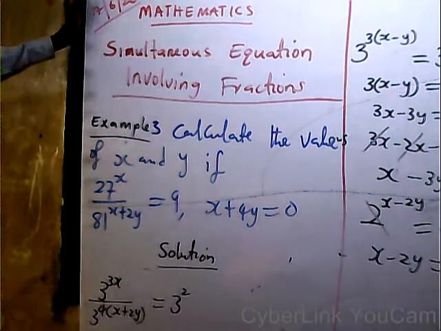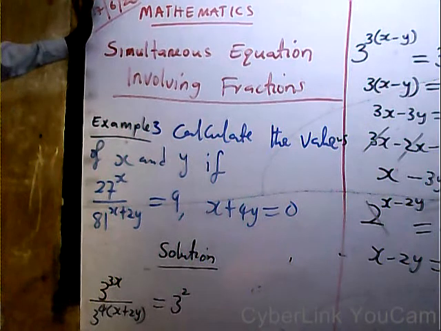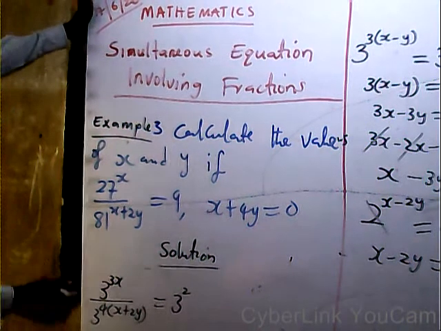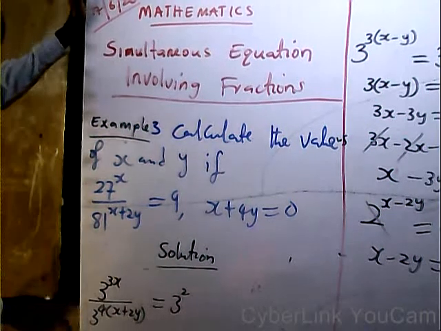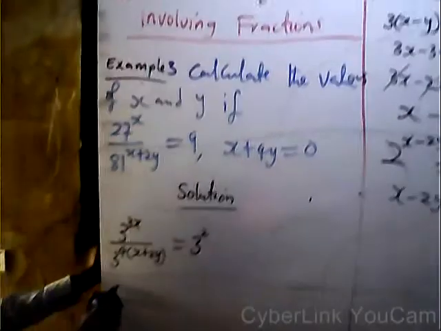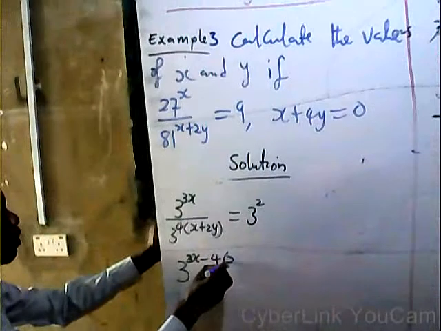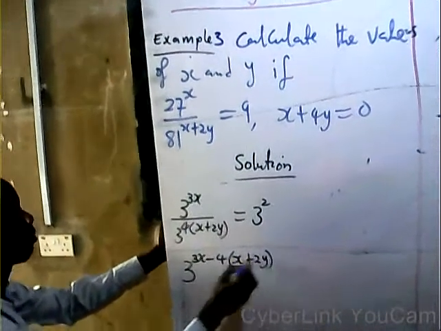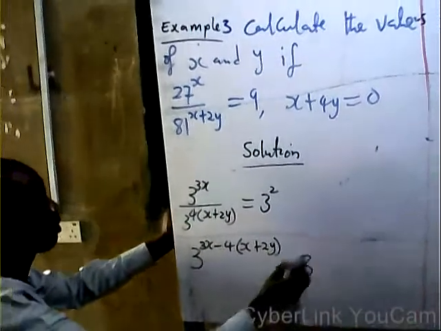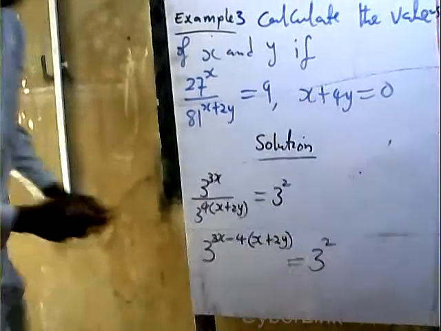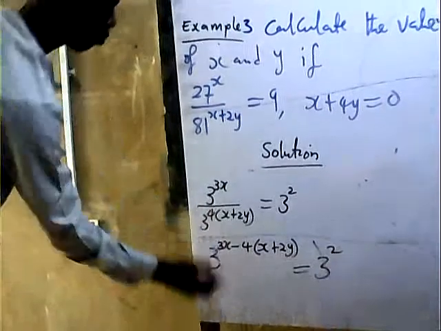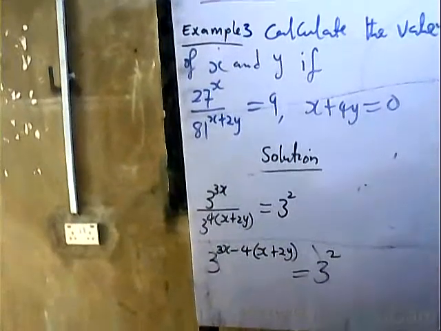So this is going to become 3 raised to power 3x minus 4 into bracket x plus 2y is equal to 3 raised to power 2. So I can now say this and this can go because of the law of indices.